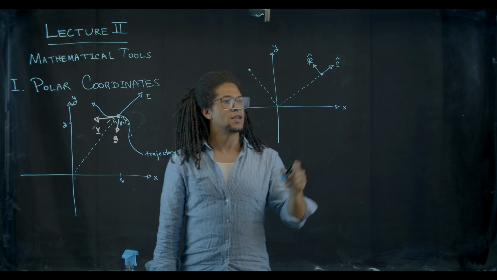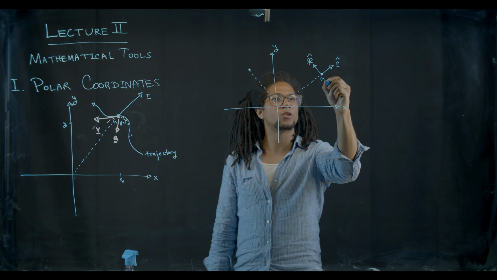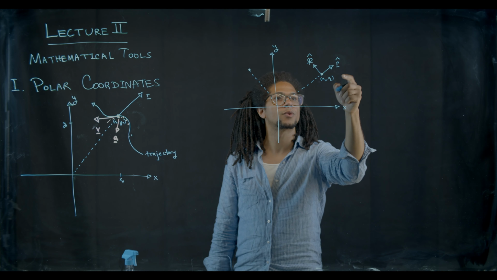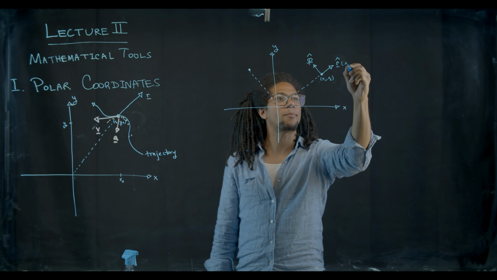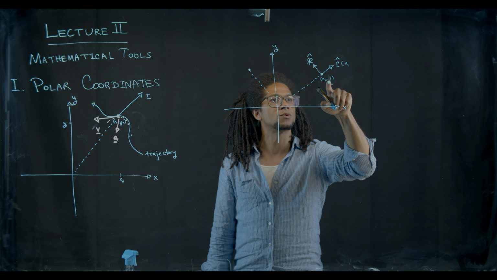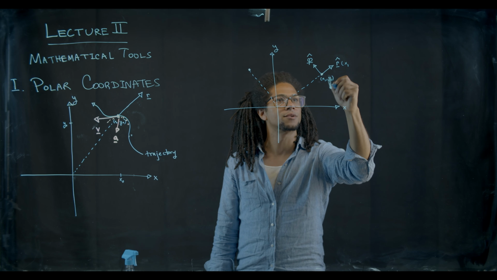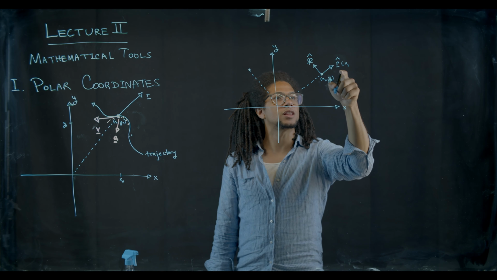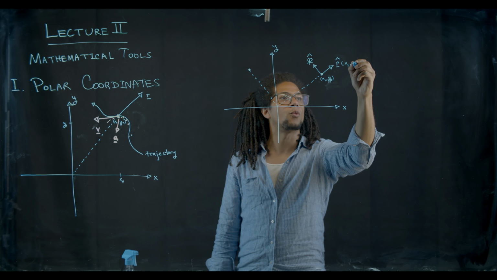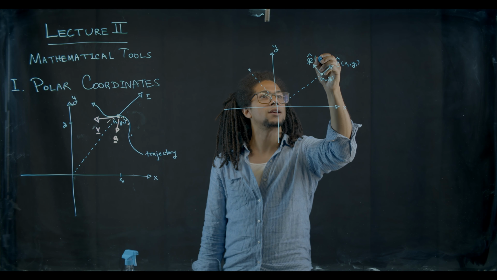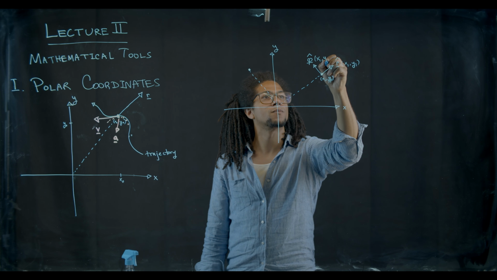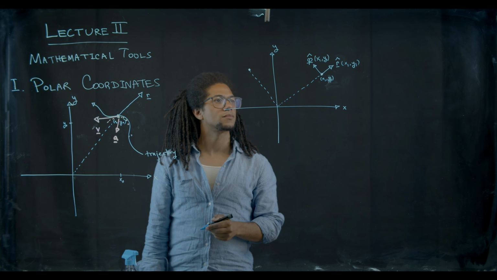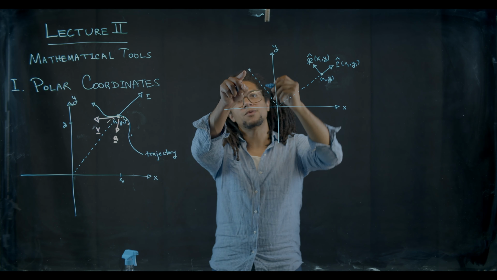Wonderful. Now, technically, if I call this point x1, y1, I have to note that this vector depends on x1, y1, and so does this one. We can do the same thing here.